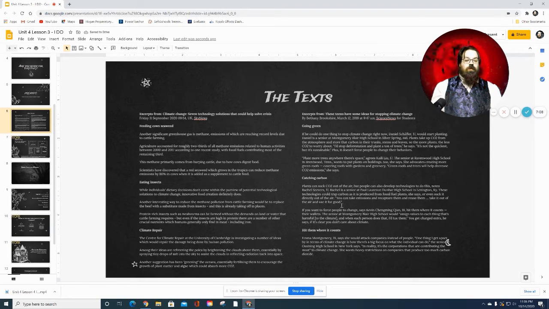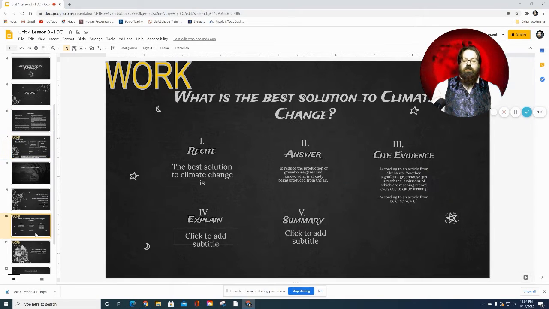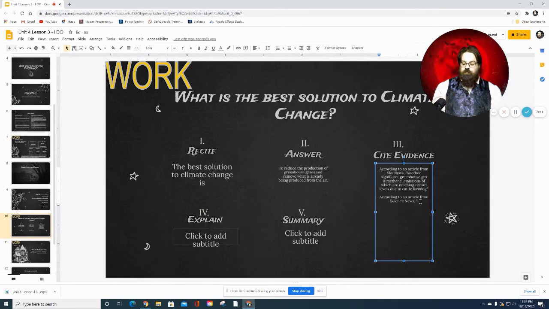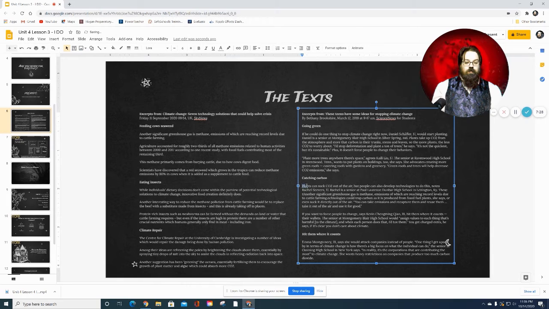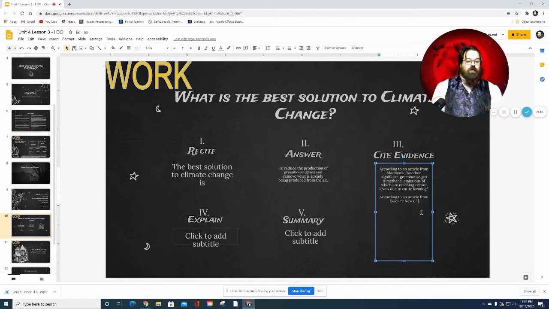I want to pull some information from here, and I really like this one where it says plants can suck CO2 out of the air, but we can also develop technologies to do this. That's a really good one. Oops, wrong chart. It didn't copy. Try again. We all make mistakes. It's all okay as long as we learn from them. There it goes. All right, excellent.